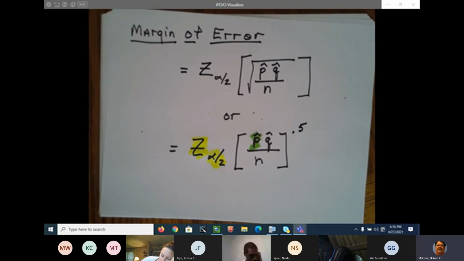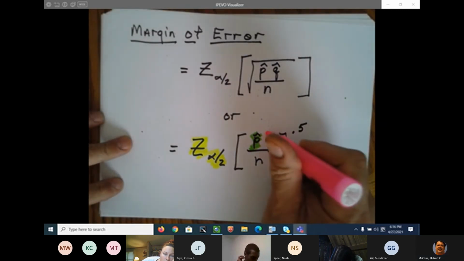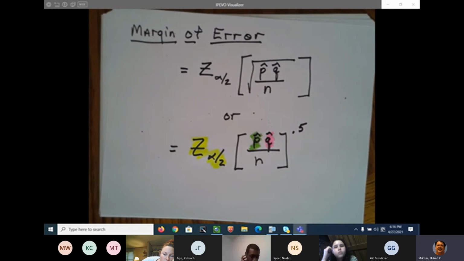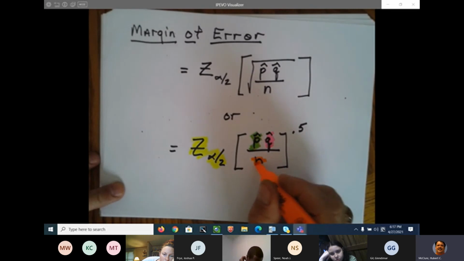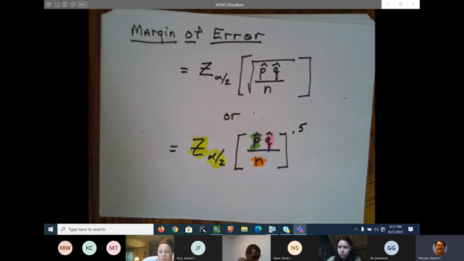Q hat, you know how to find because P hat is usually going to be given to you. And N will be given to you. So basically, for the margin of error, you plug and chug and take the square root.